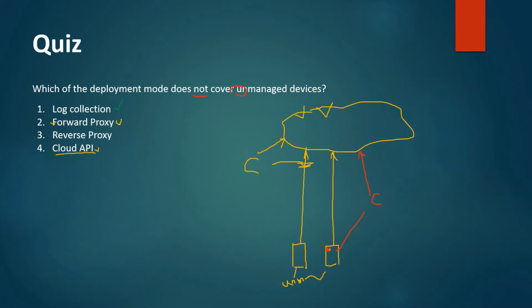Even for visibility, you will still have to find an entry point, either from the device side or at the cloud, or any other way to redirect the traffic. But log collection is more of a static concept, not related to where you want to put CASB as the enforcement point. It is not a matter of the location of the enforcement point.